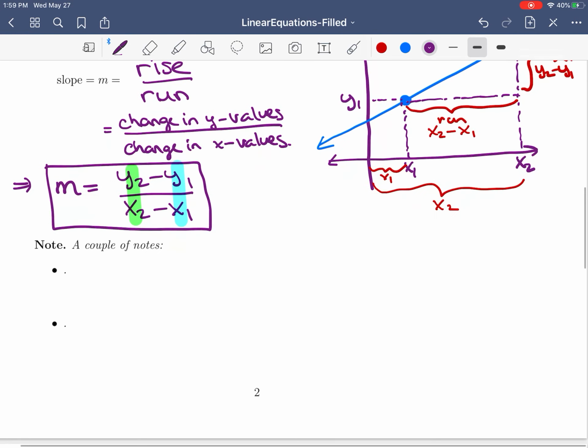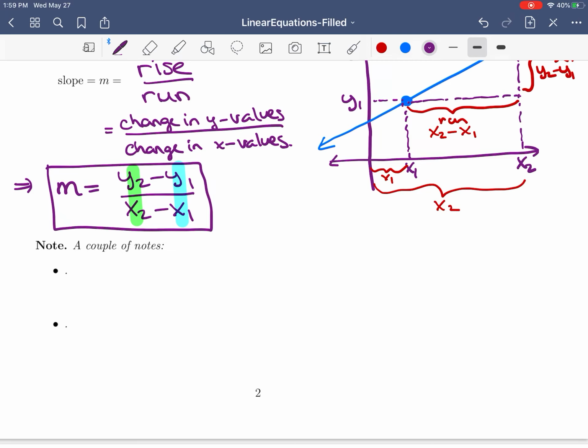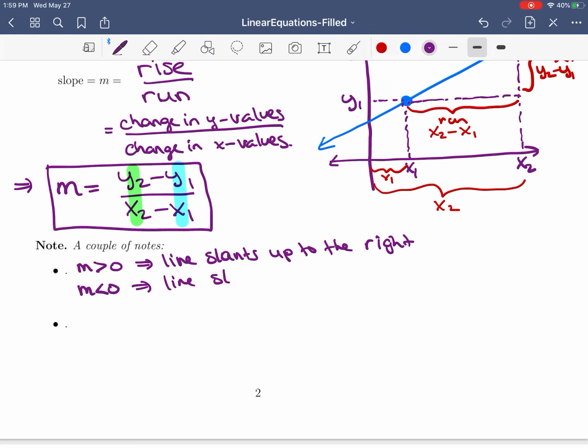So, a couple of notes about slope. If m is a positive number, that means the line slants up to the right. But if m is negative, the line slants down to the right.